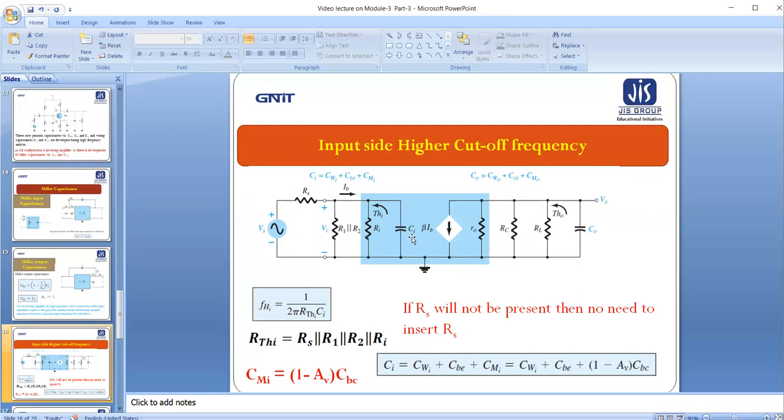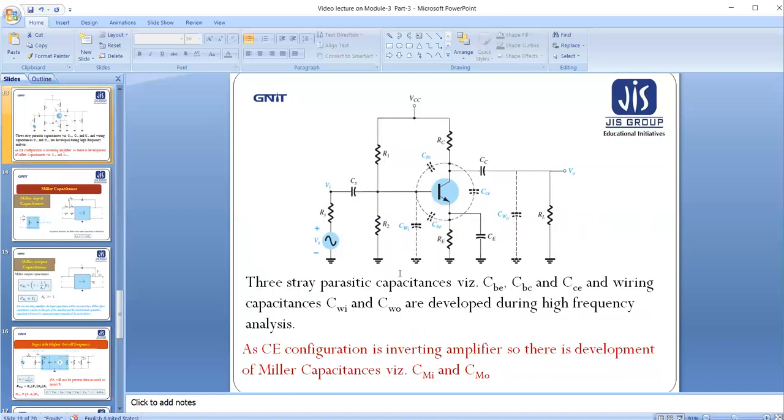Let CI equal CWI plus CBE plus CMI. The input capacitor CI is the parallel combination of CWI plus CBE plus CMI, because this resistance RE will be in parallel with the bypass capacitor, so it will be shorted at high frequency, so there is no existence of RE, therefore this capacitor will be grounded.